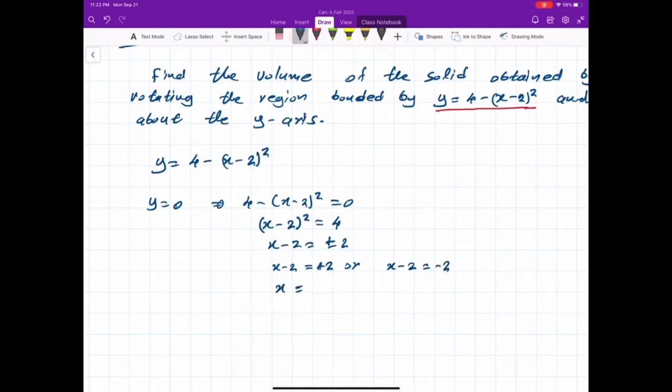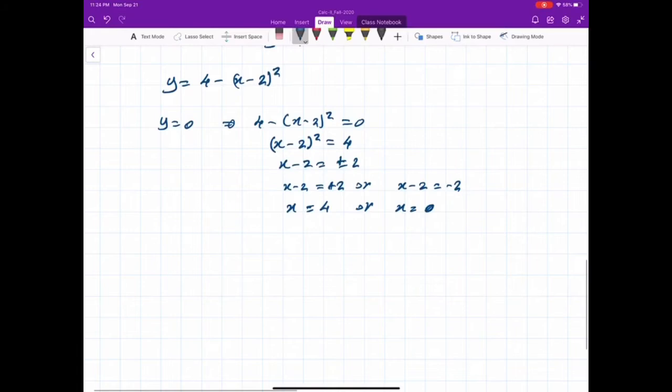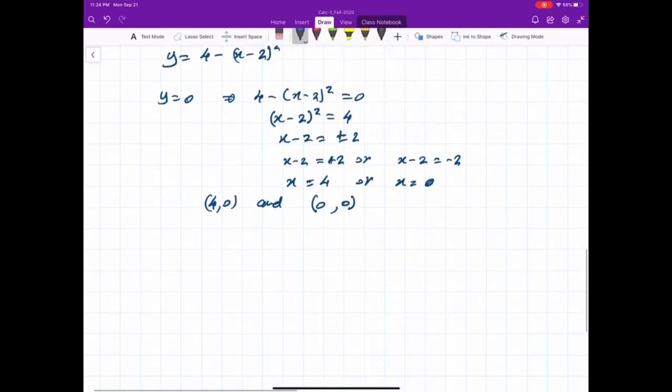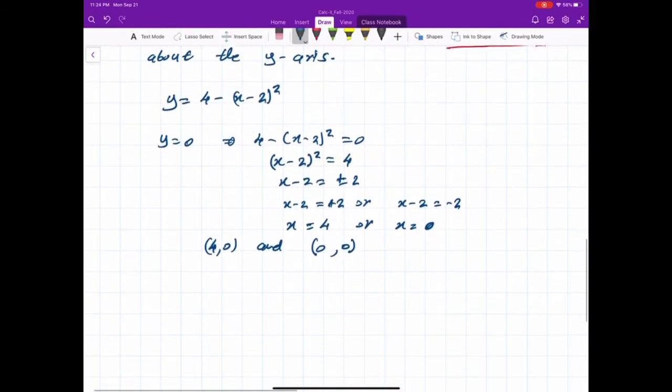That means x equals 4 or x equals 0. So those 2 points are x equals 4, y equals 0, and x equals 0, y equals 0. Let me mark those 2 points.